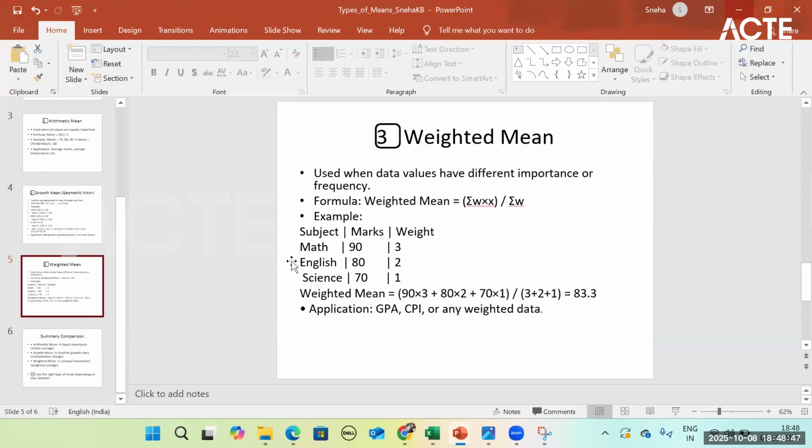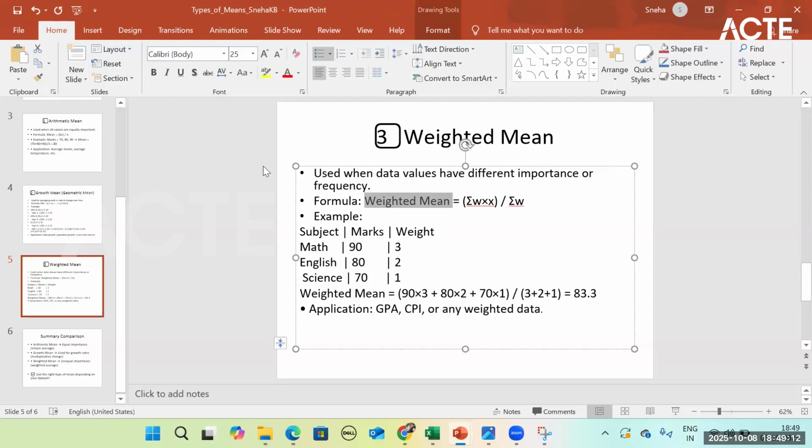The minor exams will carry 25 percent of your marks, and the final weightage will be 55%. The total will be calculated like this. Understanding my point? Yes, ma'am. At that time, we use weighted mean to calculate their middle value.